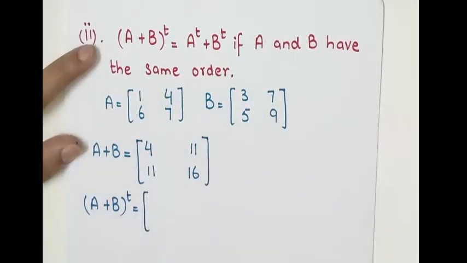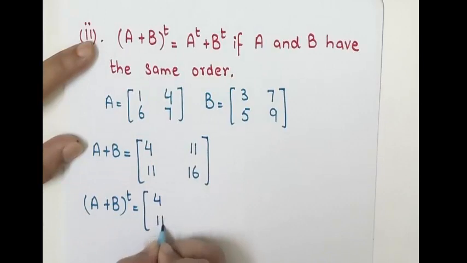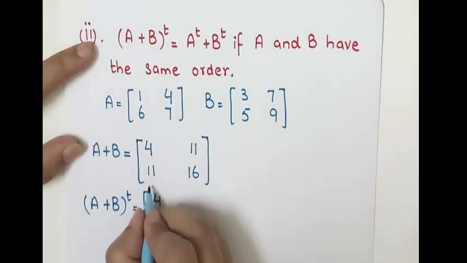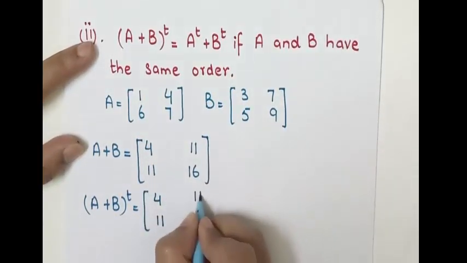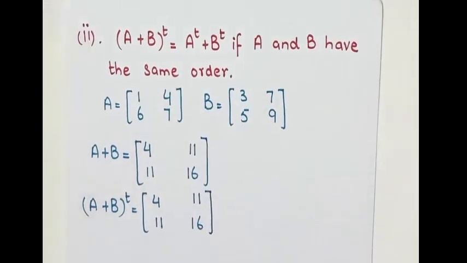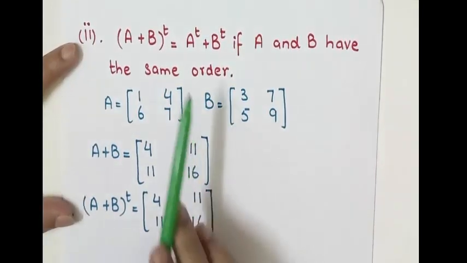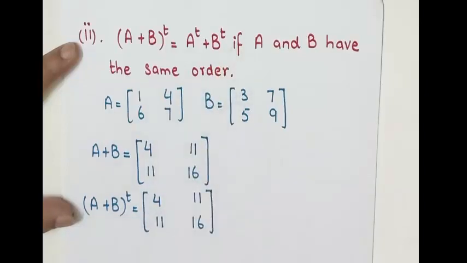This is equals to changing the rows into columns 4, 11, and changing this row into column, we have 11, 16. So this is the left hand side. Now we will solve the right hand side. It says A transpose plus B transpose.